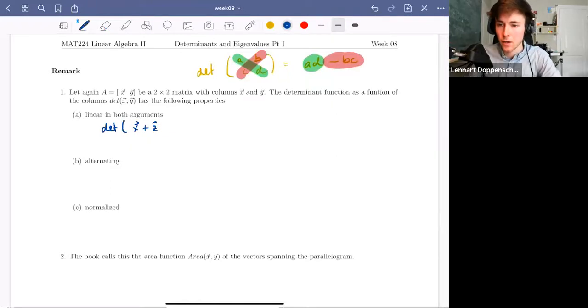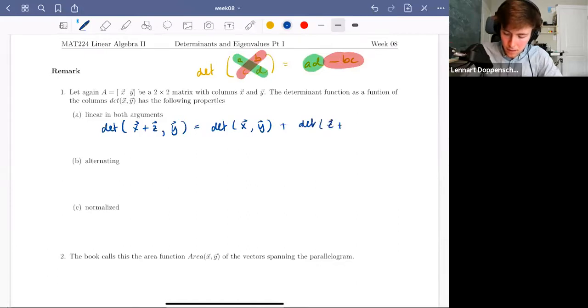Linear is nothing new; we've talked about linear transformations. The only difference is that a linear transformation has one argument, while here we have two arguments. I'm claiming that the determinant of (x plus z, y) is the same as the determinant of (x, y) plus the determinant of (z, y). So same procedure as before.